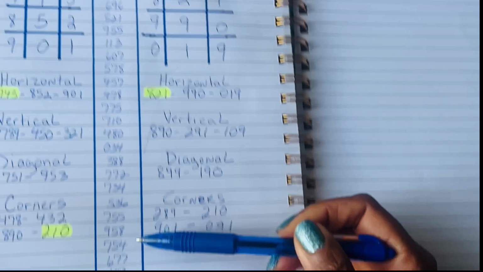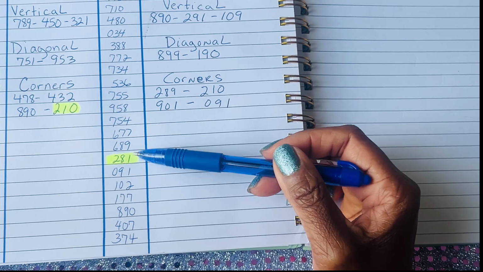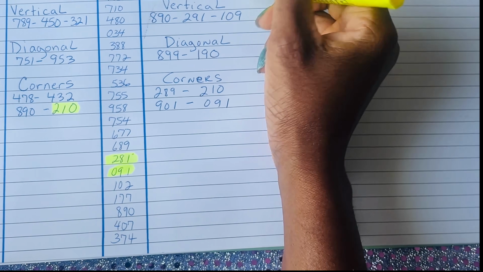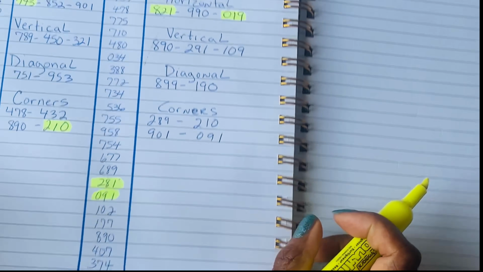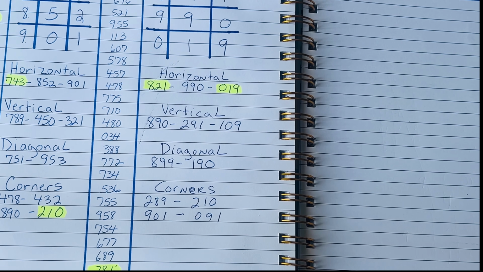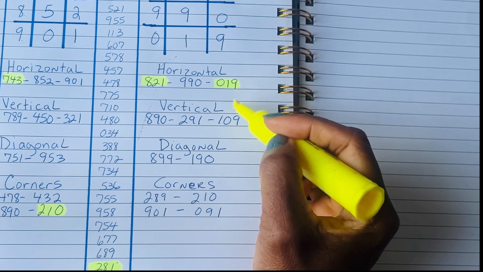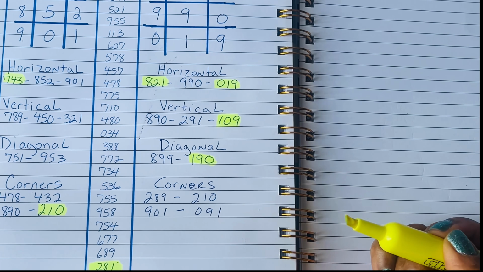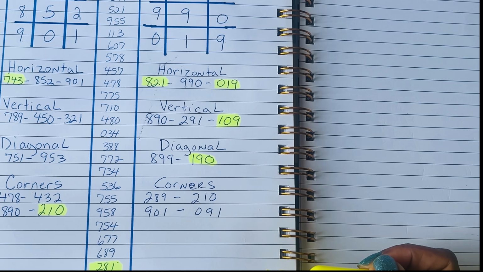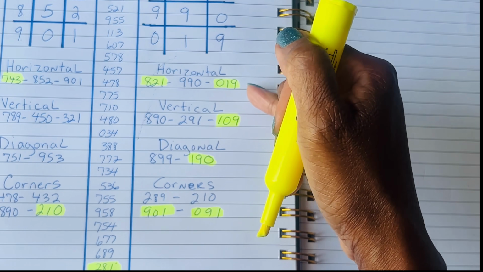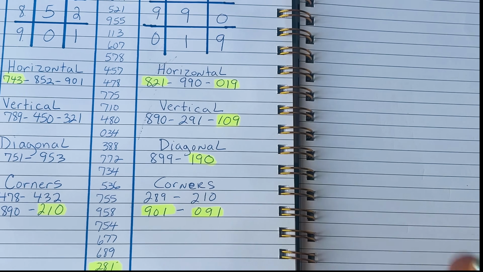But guess what else is looking very noticeable? I'm beginning to see a pattern amongst all of the different sequences. So for horizontal, vertical, diagonal, and corners, you may have noticed that the 019 is appearing in all 4 patterns. And in the corners, it has appeared twice.